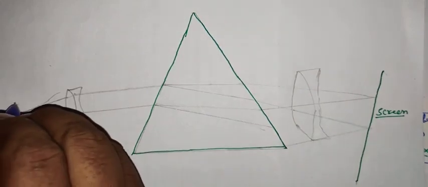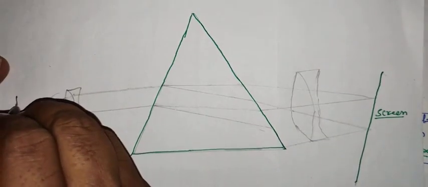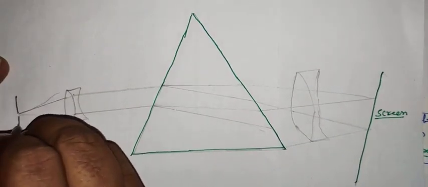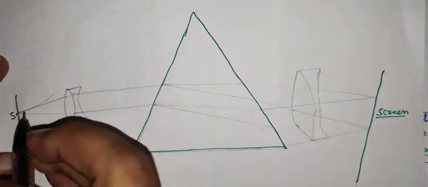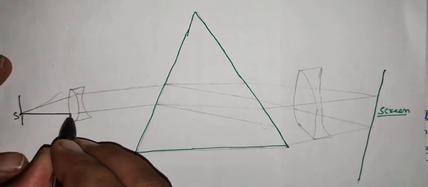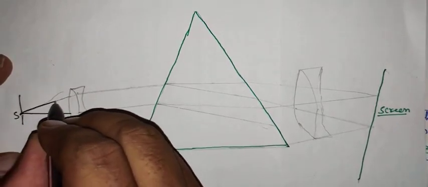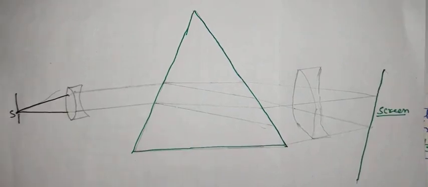Now see here, a source of white light should have a narrow slit as small as possible. We are taking a narrow slit as small as possible, but see very carefully.